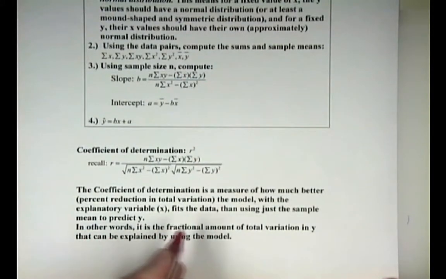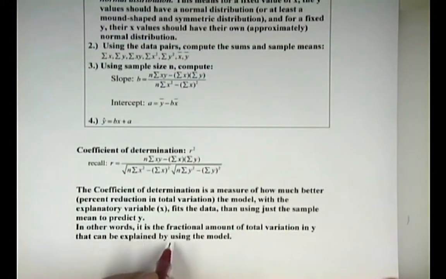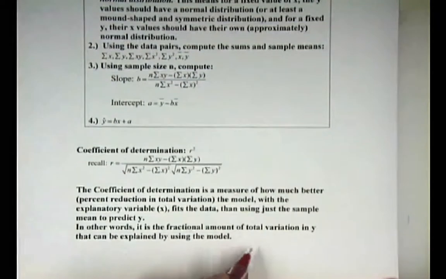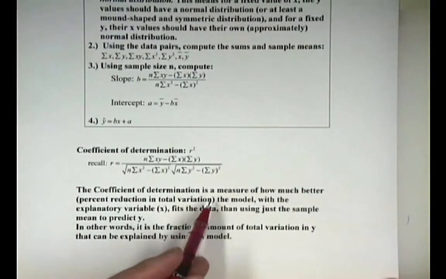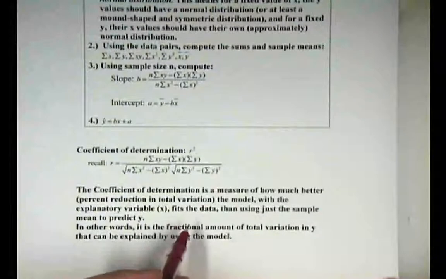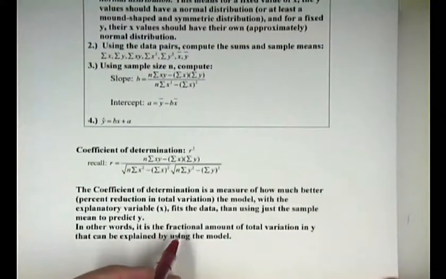In other words, basically we say the total variation in the y variable can be explained by the model. We'll talk about this more in examples, and it will start to make sense. I have a cookie cutter interpretation for both the correlation coefficient r and the coefficient of determination r squared that will help you always make an intelligent sounding interpretation.